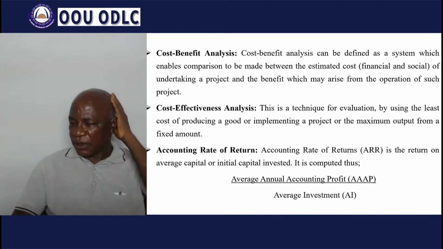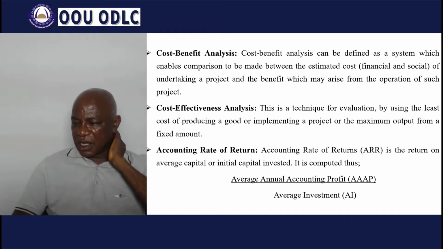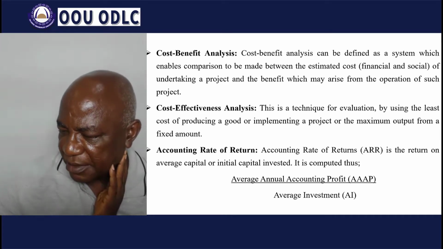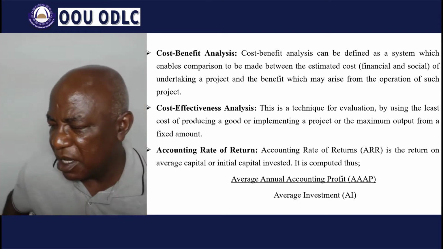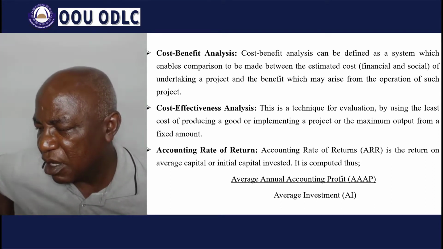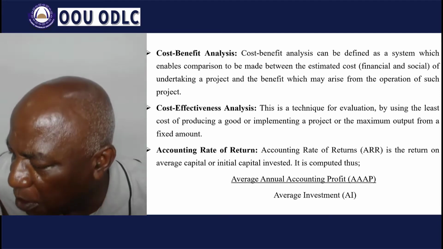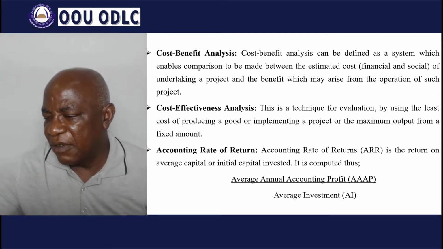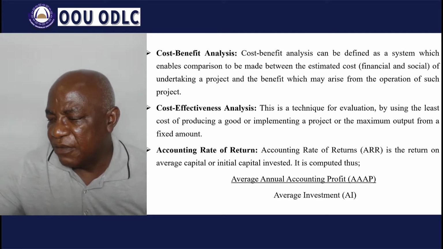Consider the alternative causes of problems. Then number 3, enumerate the total cost, both social and financial, for each of the projects. Then 4, enumerate the total benefit in terms of revenue and social that will accrue from that particular course of action. Then number 5, evaluate all the benefits vis-a-vis the cost.